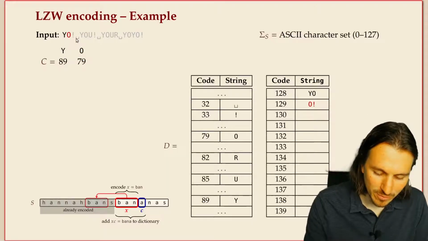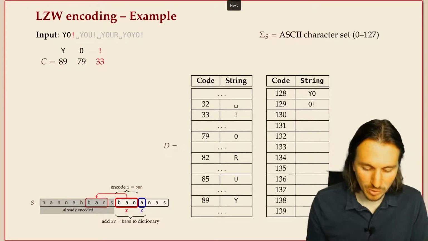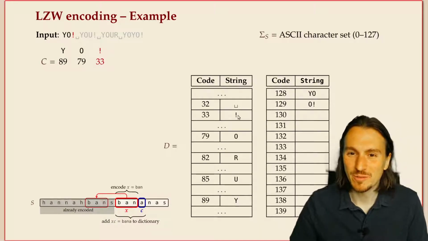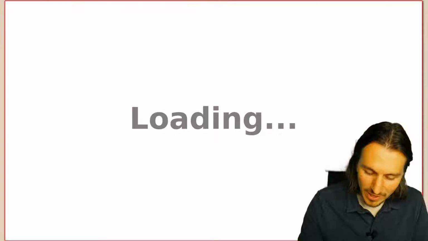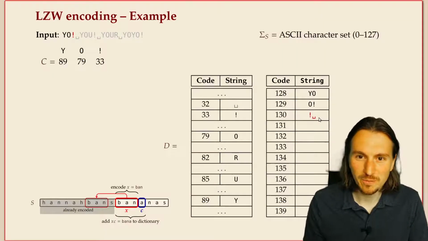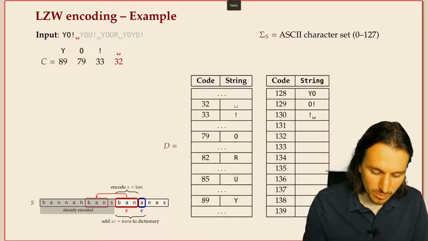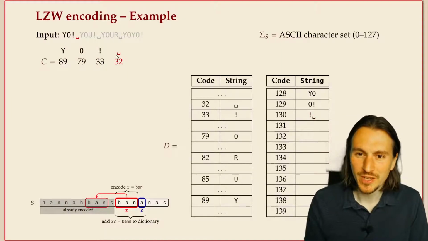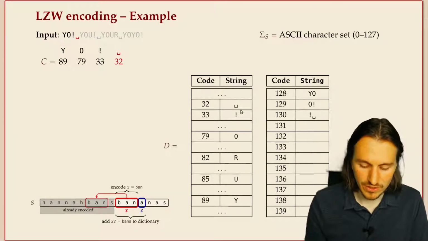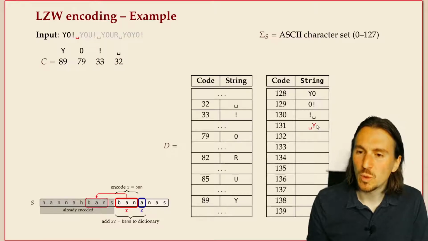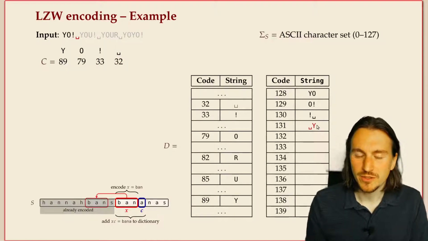As long as we haven't seen much, the method is fairly boring. We find the longest is the exclamation mark, single character. We add exclamation mark space to the dictionary as the next phrase. And we continue one more time. So here again, space. We haven't seen anything with space before. So the longest matches the single character. But we add space Y to the dictionary because that's the next character.